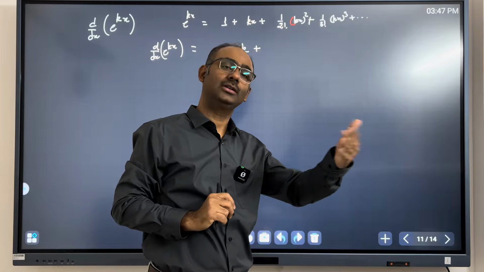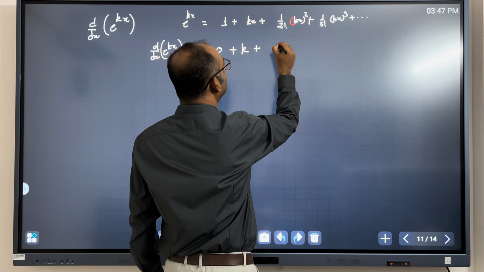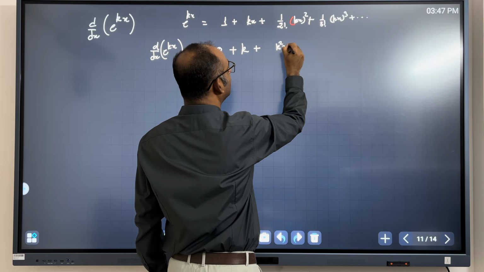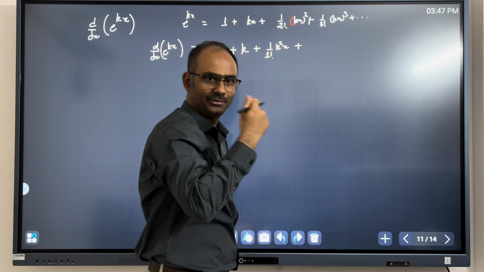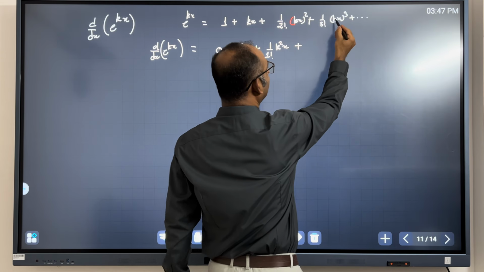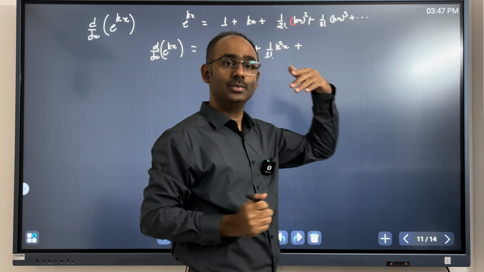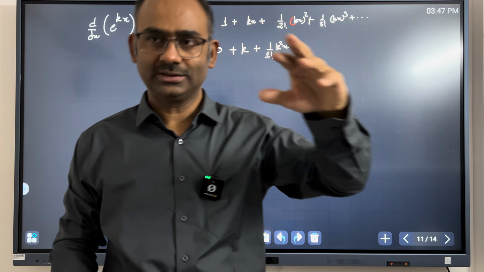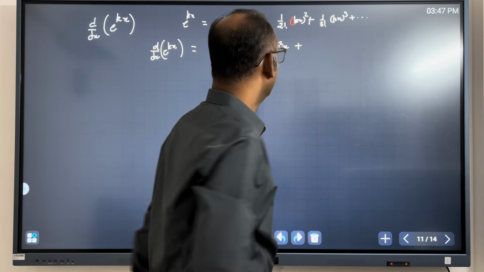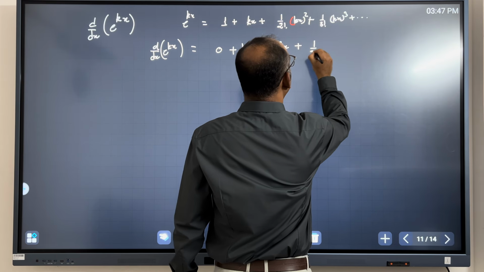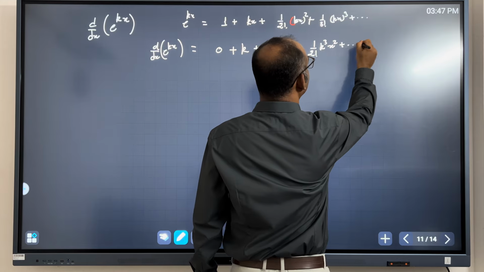When you differentiate, you get 2x. That 2 kills that 2. So you get k square times x over 1 factorial. Just like before. Here you have k cube over 3 factorial, but differentiating x cube gives you 3x square. So that 3 will kill the 3 in the denominator and leave behind a 2 factorial. So you get 1 over 2 factorial k cube x square.